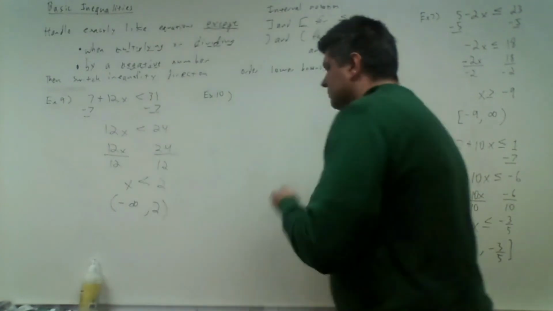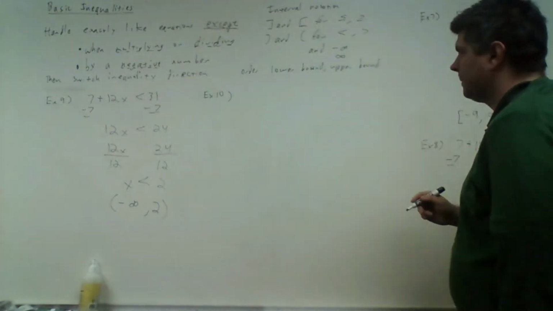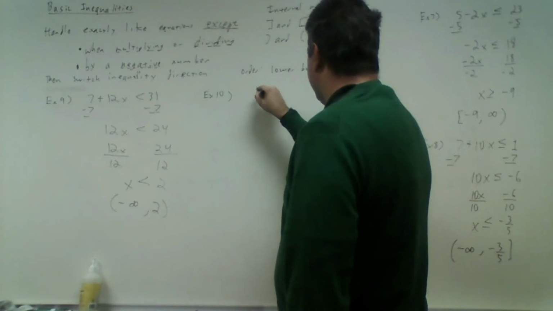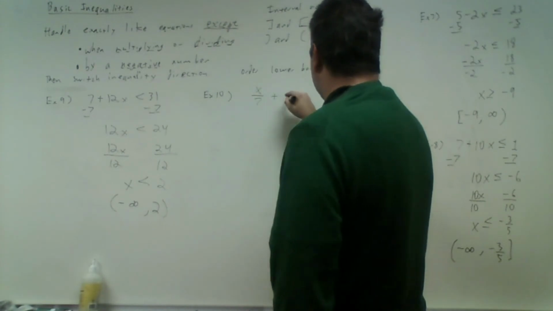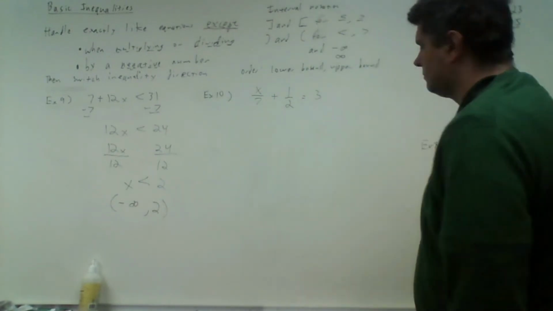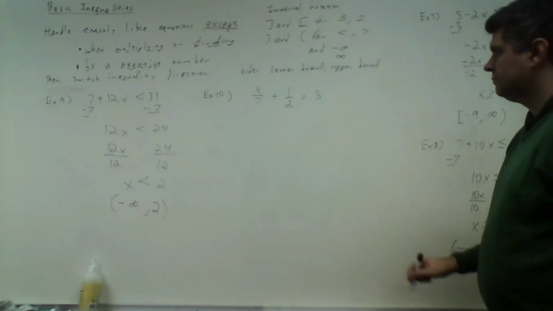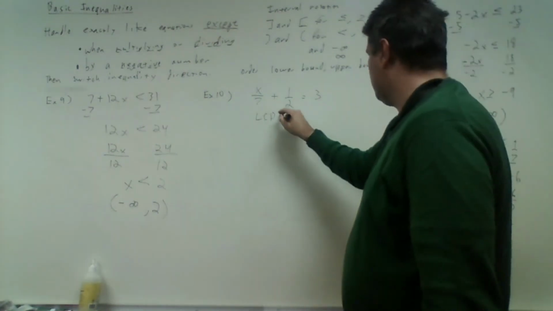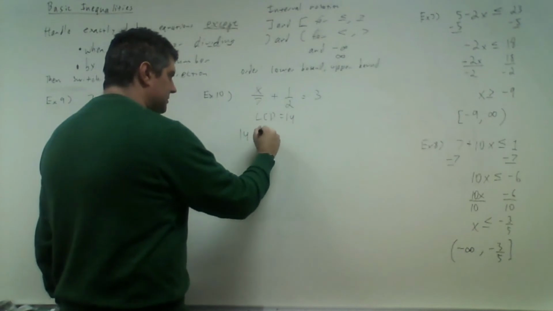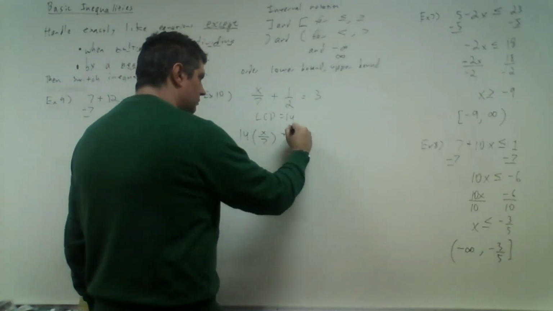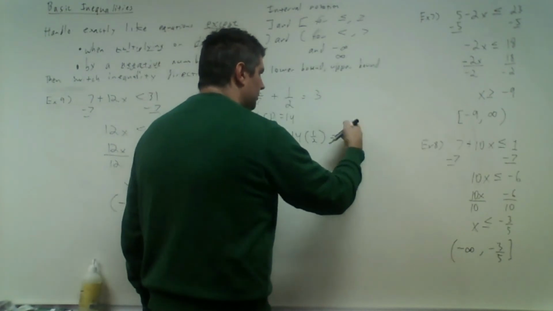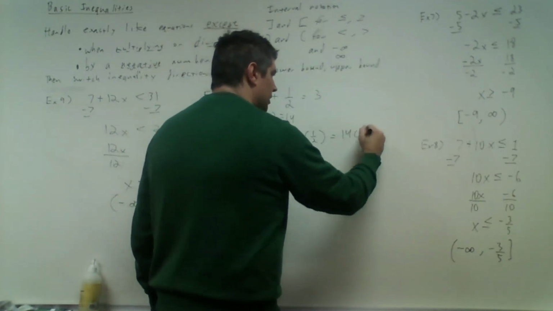Example 10. X over 7 plus 1 over 2 equals 3. The LCD is 14. So we have 14 times x over 7 plus 14 times 1/2 equals 14 times 3.